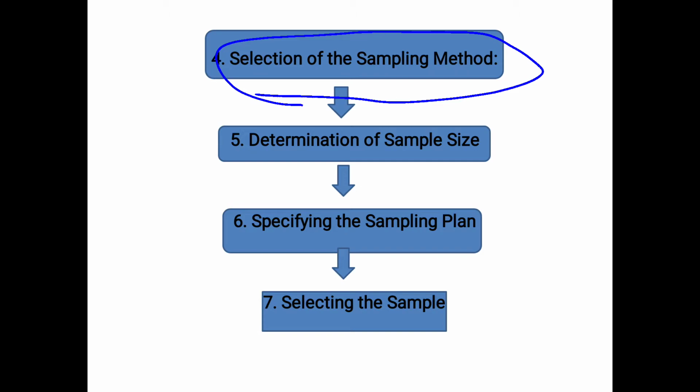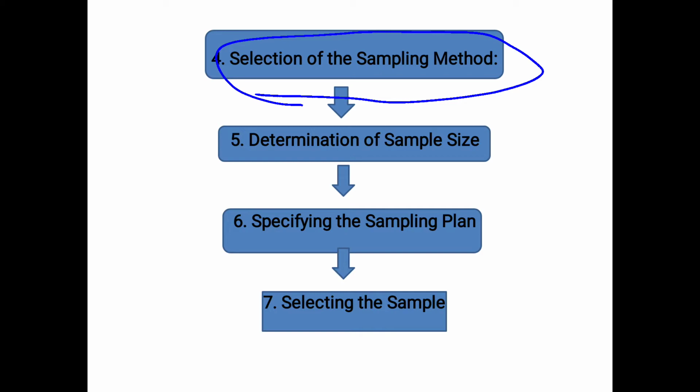In other words, the way in which the sample units are to be selected. Method means the way you select the sample units. The way in which you select the sample units is called sampling methods.